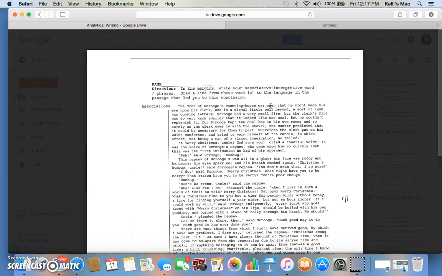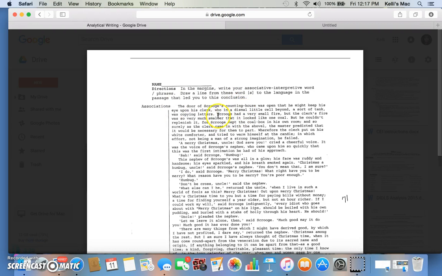Dismal just means associatively depressing, anxious, prison-like, constricting. And so there's a real contrast here between where he is, this counting house, and where he keeps his employees, a dismal little cell. So he separates himself. There's a definite contrast. And he watches them, almost like a prison guard would a prisoner.